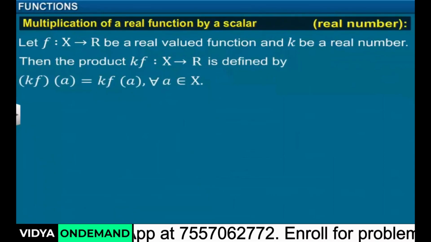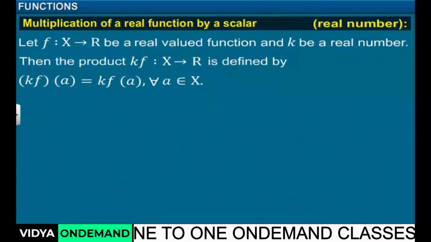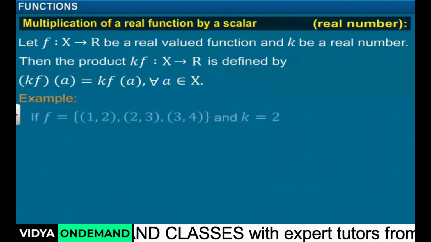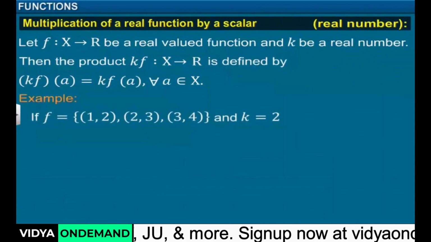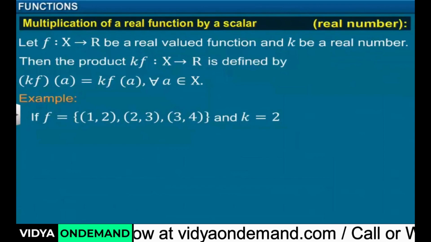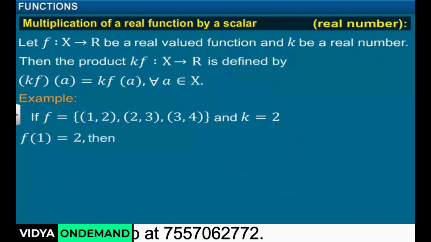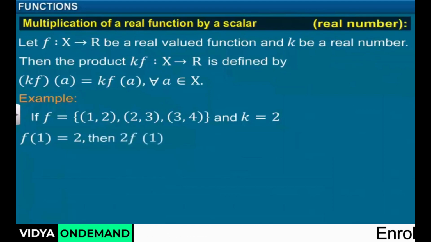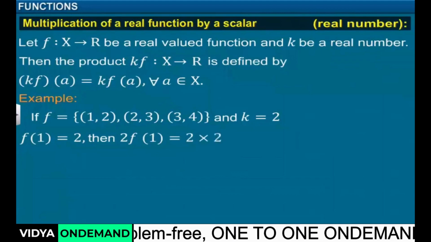Let us again consider set f and k is equal to 2. If f of 1 is equal to 2, then 2 multiplied by f of 1 is equal to 2 multiplied by 2. This implies that the ordered pair (1, 2 multiplied by 2) belongs to set 2f.